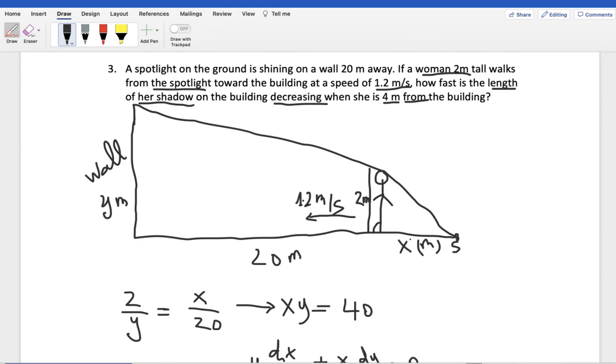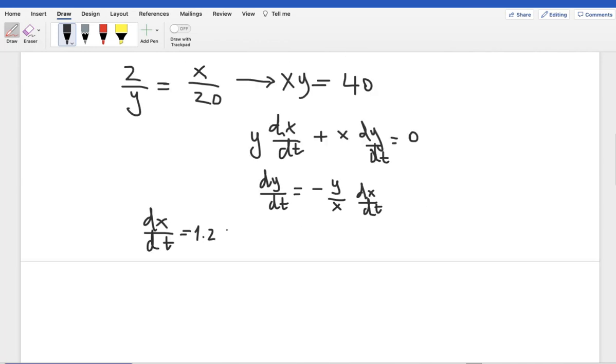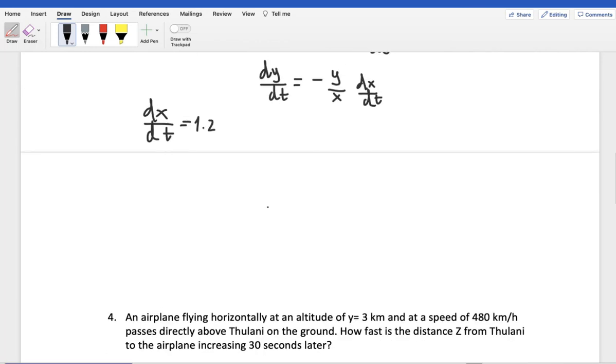So at that point, x would be 20 minus the 4, 16. So our x will be the total distance from the building minus what she has left to travel, which is the 4 meters. So she has already traveled 16 meters on her way to the building.